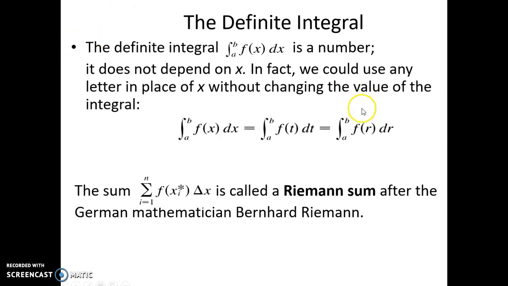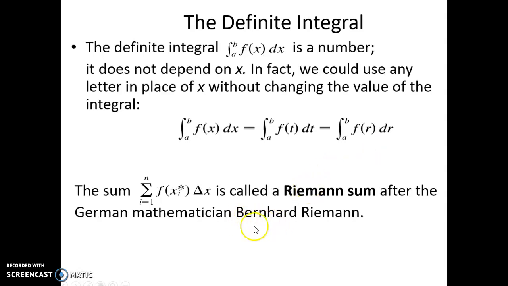All we care about is what function we're looking at and what the bounds of that function are. So because of that, often this variable that we use in integration, because when we talk about definite integrals, we're going to get a number, not a mathematical expression, we call it a dummy variable.